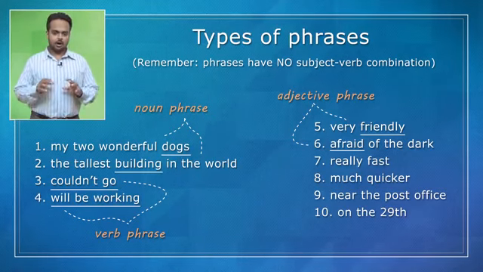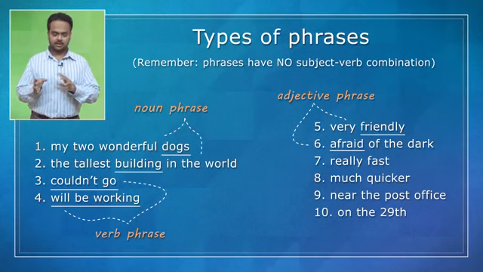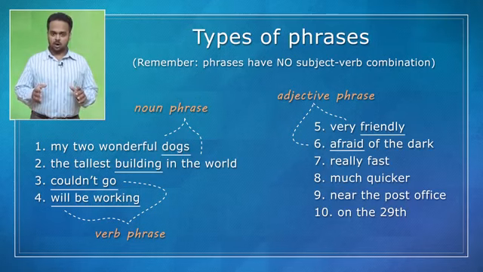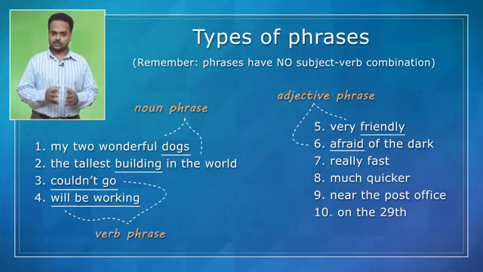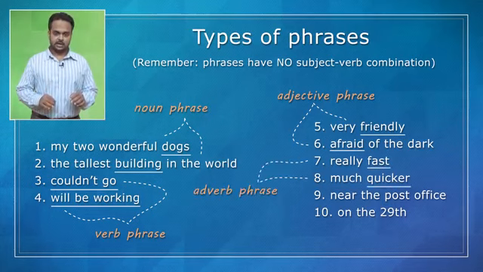We say that these are adjective phrases because the focus is on friendly and afraid. The other words in these phrases are only helping the main words, and the main words are adjectives. Really fast and much quicker are adverb phrases because the adverbs fast and quicker are the focus of these phrases.